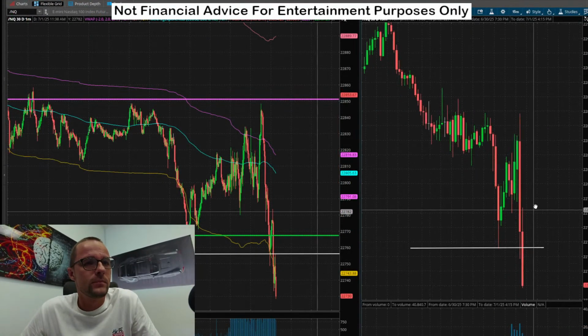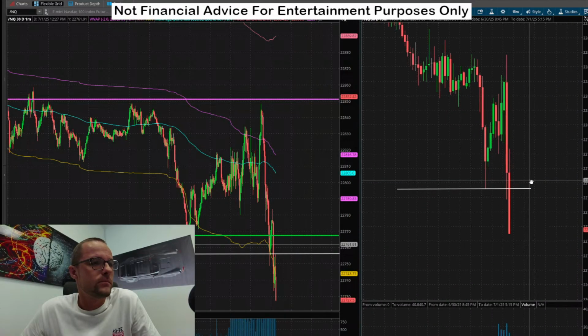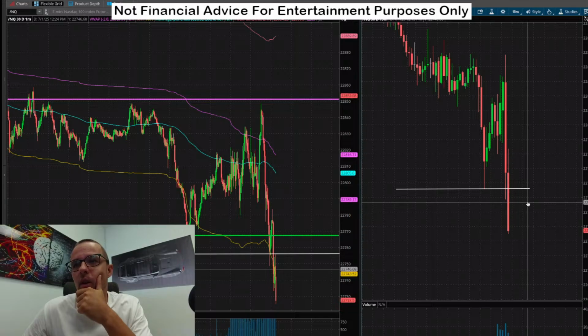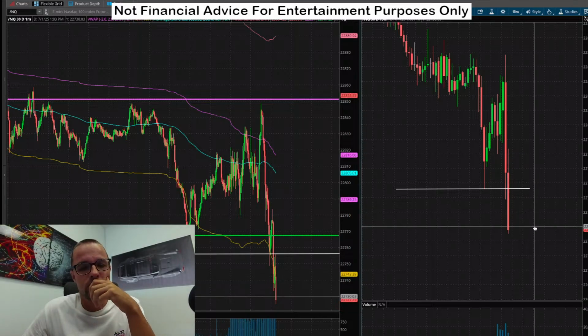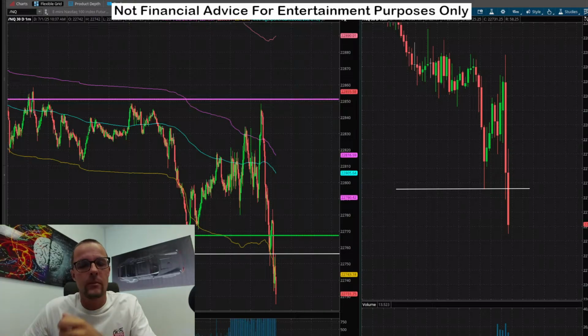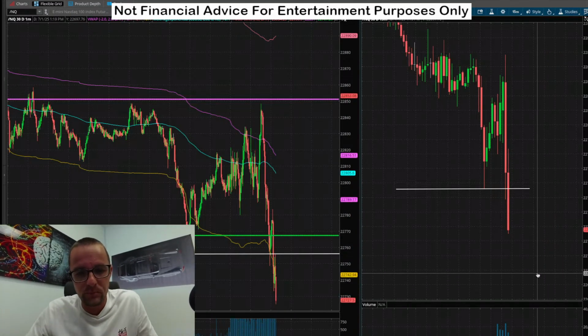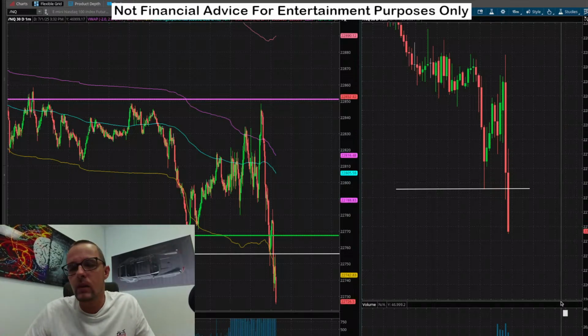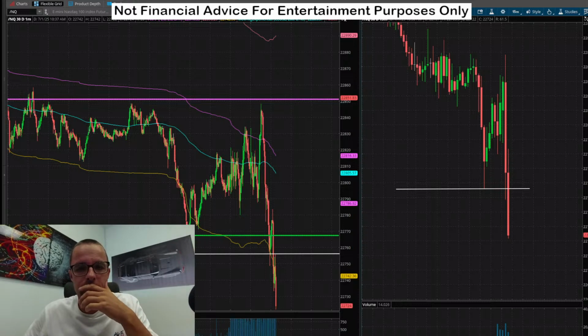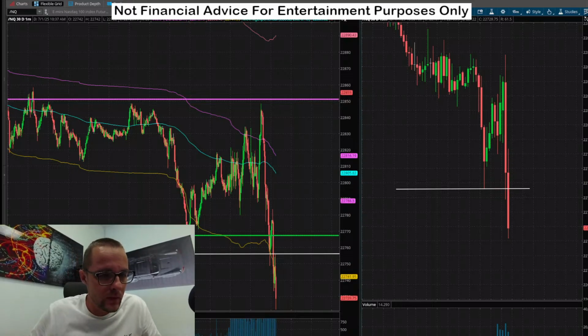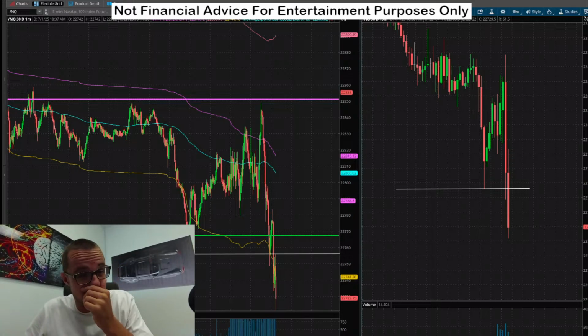We're dumping. So at this point, looks like we're just going to go lower and lower and lower. Alright, I'm going to switch to my other accounts. I thought that trade was going to work out, but I didn't get an entry, which is fine.